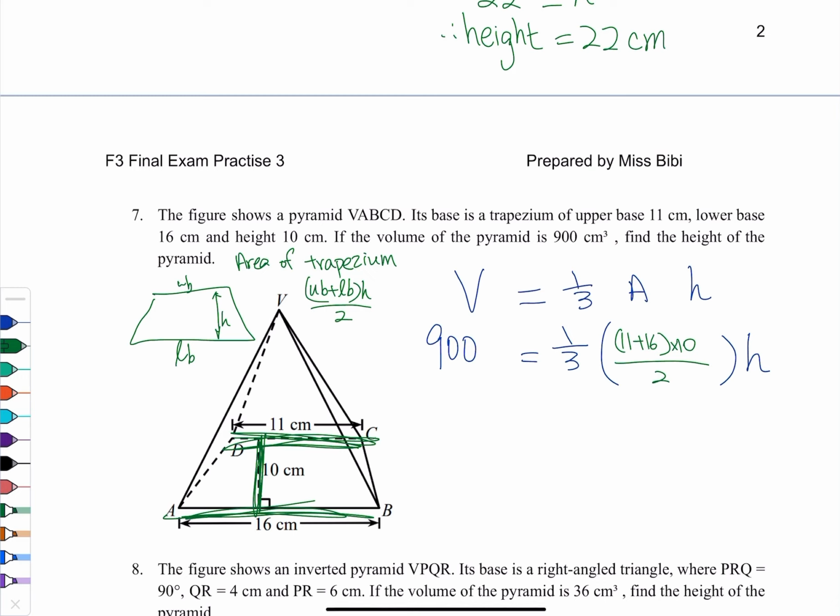So you click calculator, 1/3 times bracket 11 plus 16 close bracket times 10 divided by 2. You get that as 45H and 900 here, and then 900 divided by that you can get H as 20, and then remember to write the final statement.